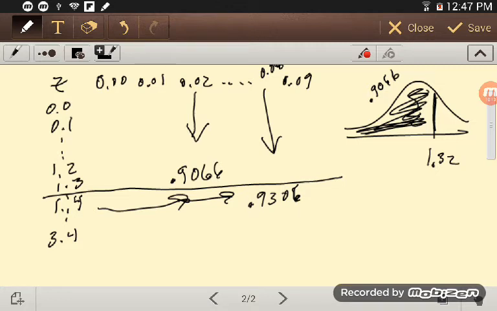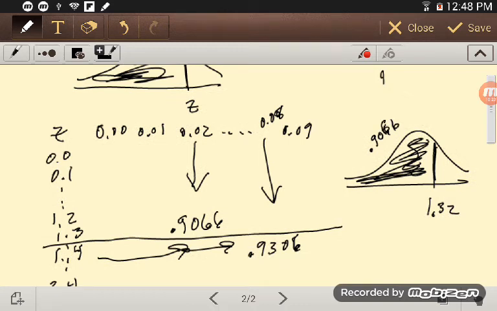So similarly, if I looked up negative 1.32, I should find, let's see, this was 0.9066, so this over here is 0.0834. So if I looked up negative 1.32, I should get 0.0834.